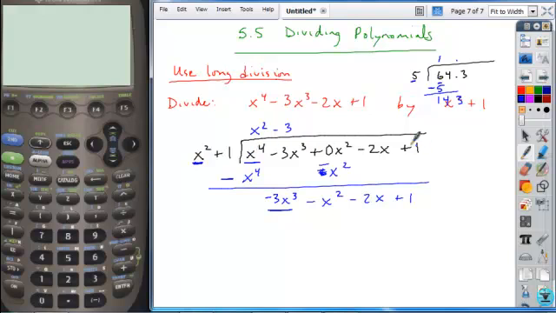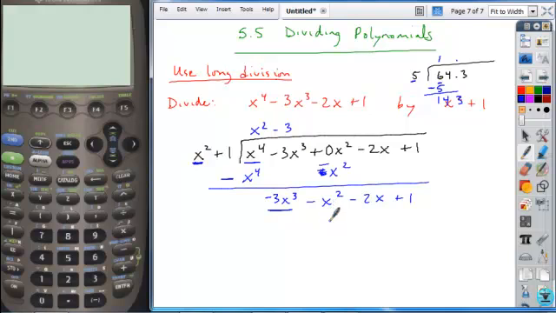Yes, this in black here is this one, because it was missing that term, and so I just put a 0 in there as a placeholder. Why wouldn't the x squared cancel? Well, it was 0x squared minus 1x squared, and so that nets you a total of minus 1x squared.